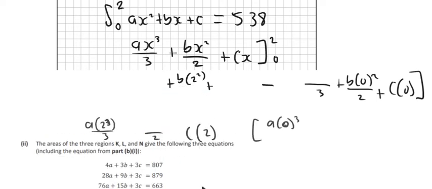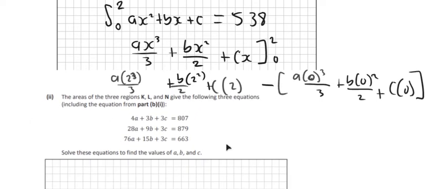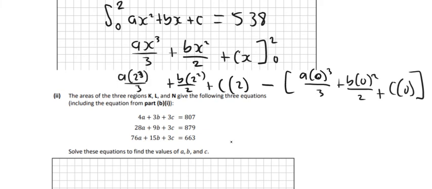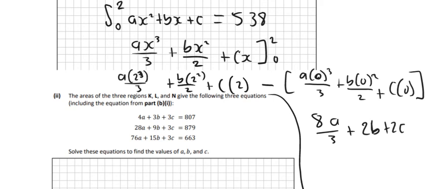Anyway, I'll try right over here at the side. So we should get 8a over 3 plus 4b over 2, which will be 2b, plus 2c, and that will all be equal to 538.